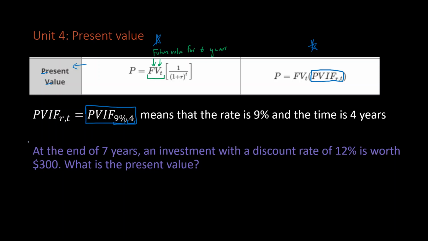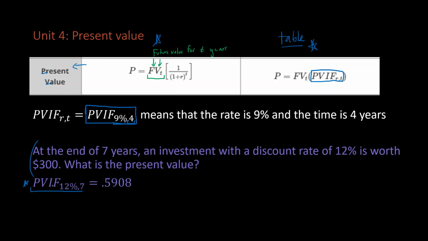Now, let's do a quick example. At the end of 7 years, an investment with a discount rate of 12% is worth $300. What is the present value? You would grab your present value equation. If they've provided for you this number from the table, you can just plug this number right in.